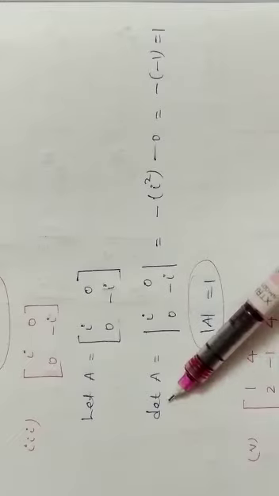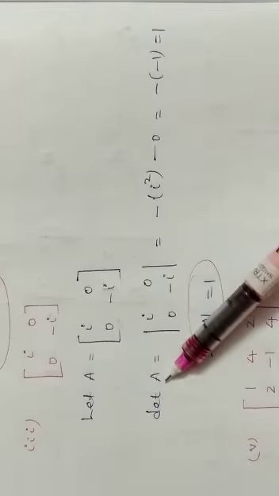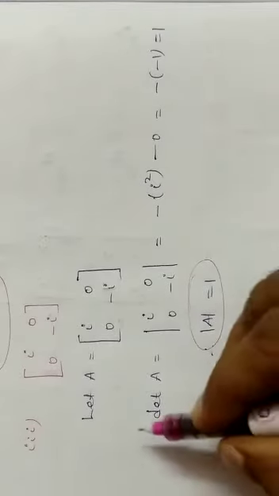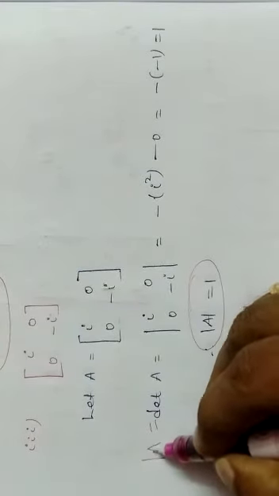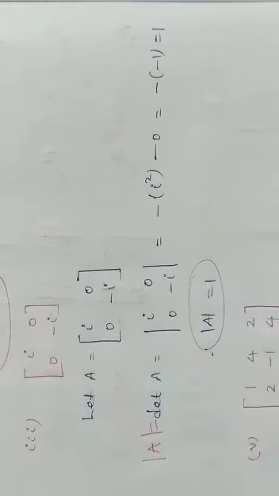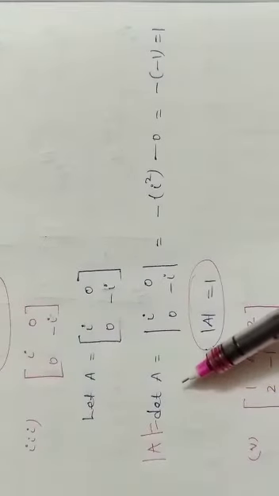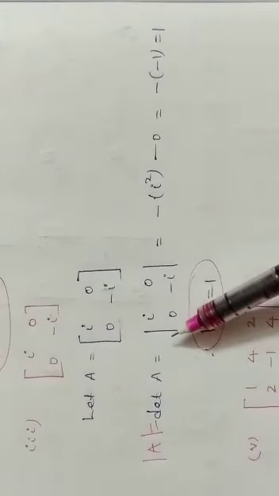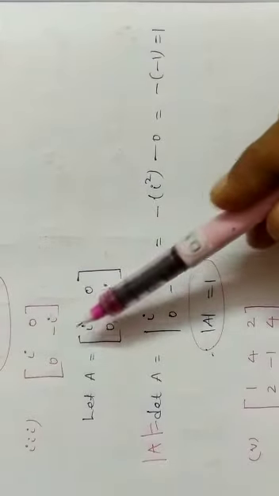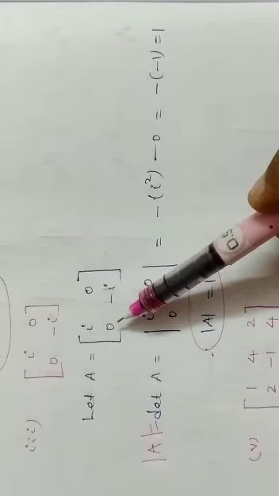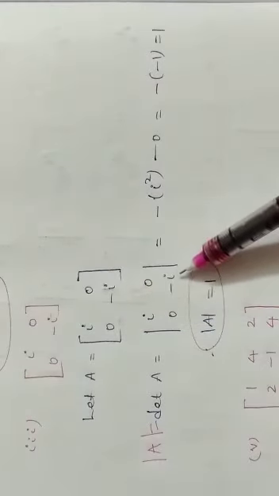You can write det A like this also, or you can write det A. Det A equal to det of, what is A? I, 0, 0, minus I.